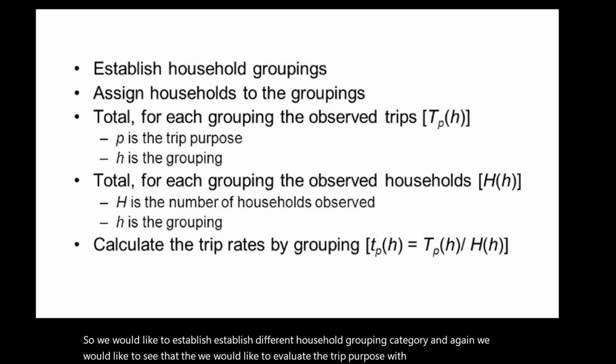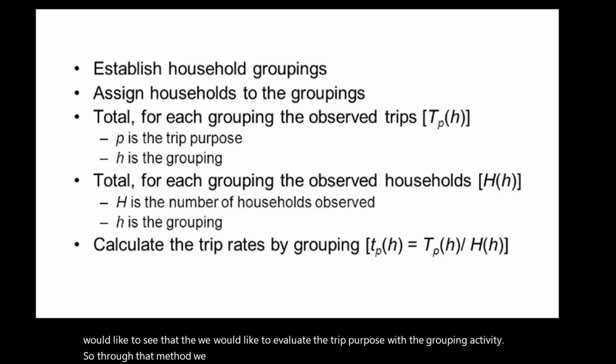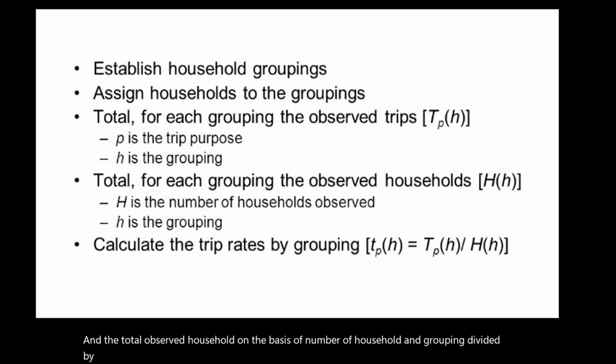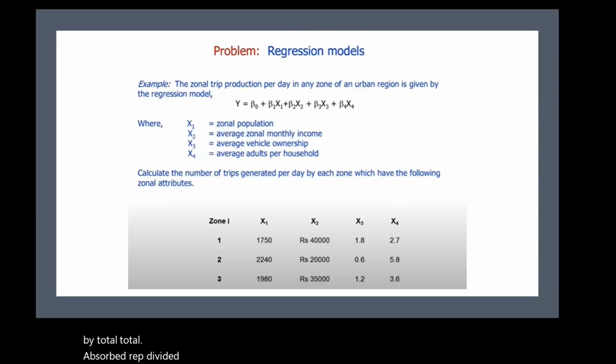So through that method, we can understand the trip rates through the grouping technique: multiply the total grouping observed trips and the total observed households on the basis of the number of households and grouping, divided by total observed trips divided by total households.